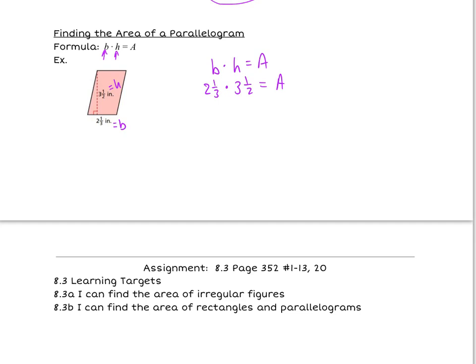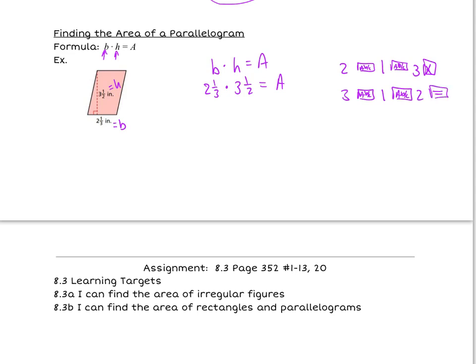You would hit the 2 key, your A B C button, a 1, then your A B C again, then a 3, times, and then you would do 3, A B C, 1, A B C, 2, and then your equals key.